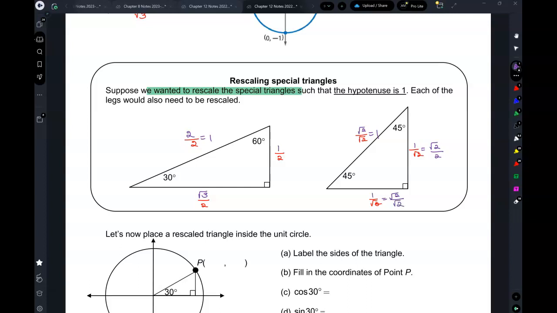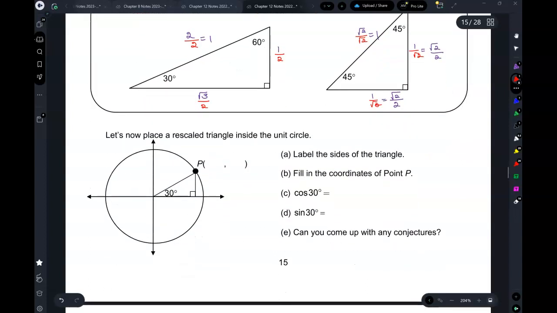And again, if you took root 2 over 2, that's a leg, and multiplied it by root 2, you would get a 1, right? So it's still in the same proportion.